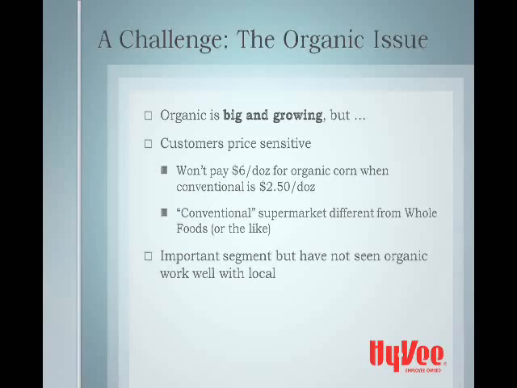I think one of the real barriers, just from my own personal perception, has been that I've seen really large gaps in what the costs are at store level. As it says down below, we wouldn't pay $6 a dozen for organic corn when conventional is $2.50, and on many of those things right now, the spread on the cost is so substantial that it makes it hard to sustain.